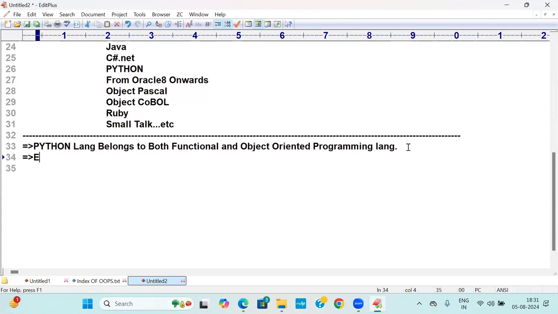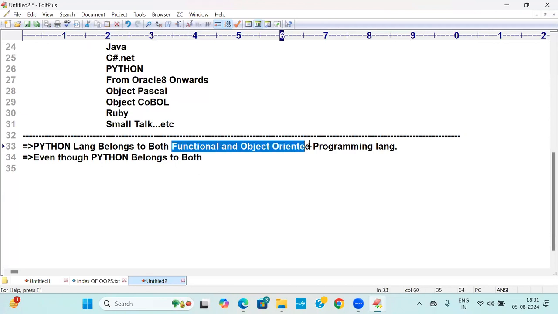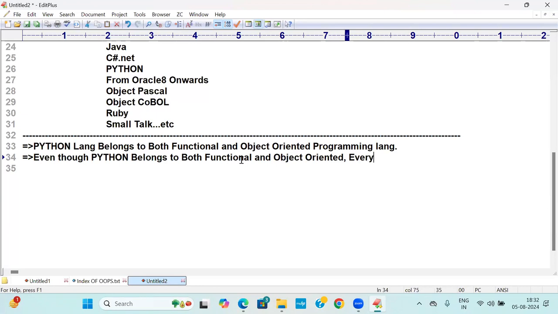See, students, even though Python belongs to both functional and object oriented, internally everything is treated as what?